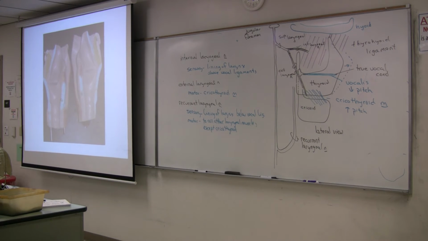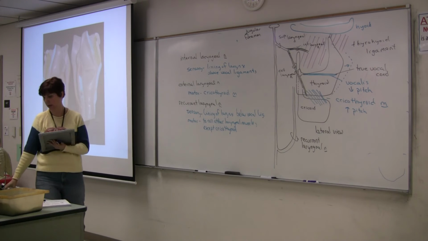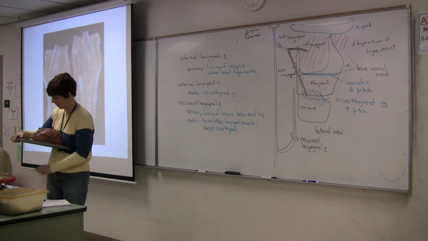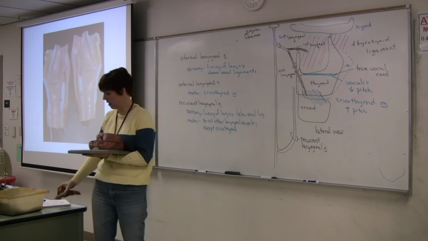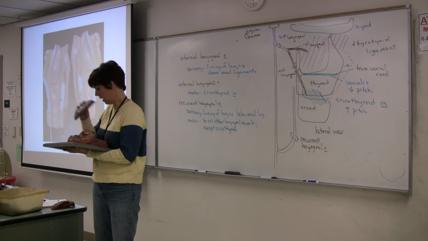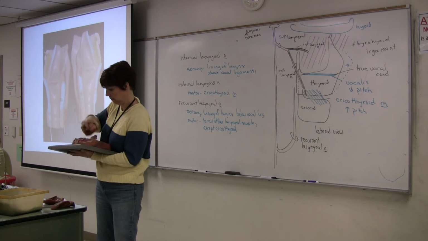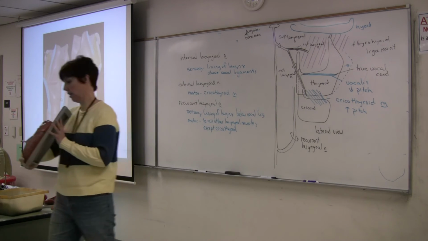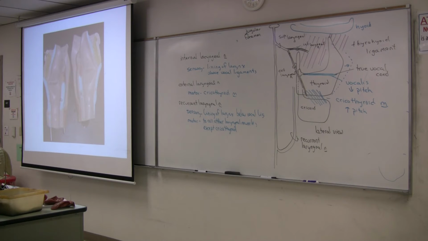Now, when I say that it drops down into the thoracic cavity and then returns, the right and the left recurrent laryngeal nerve have two different pathways that they follow. So on the right side, here's the subclavian artery and vein.